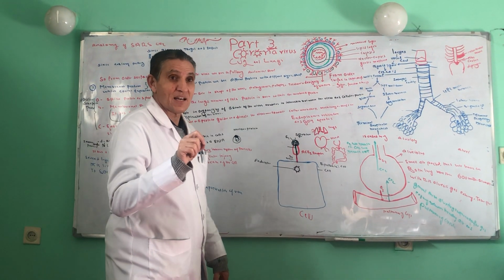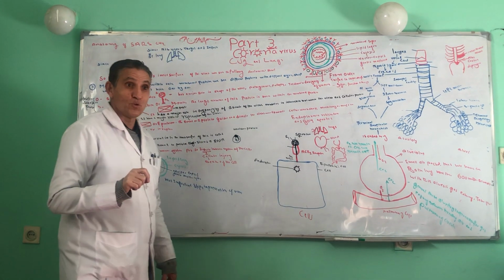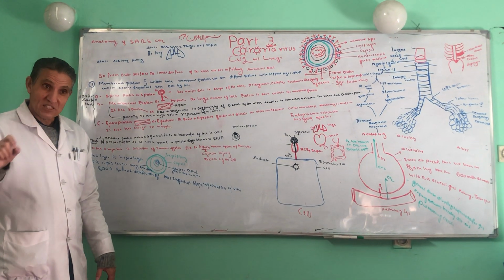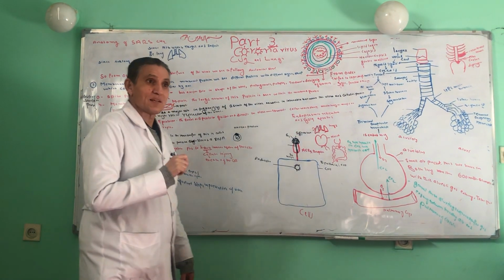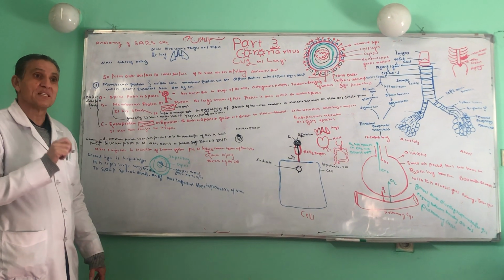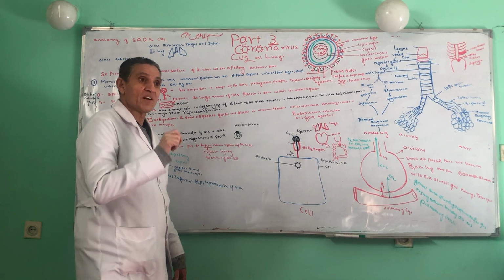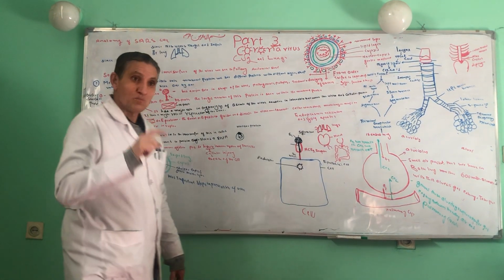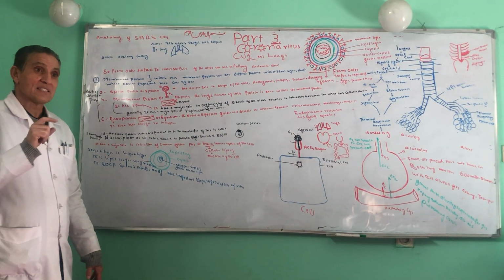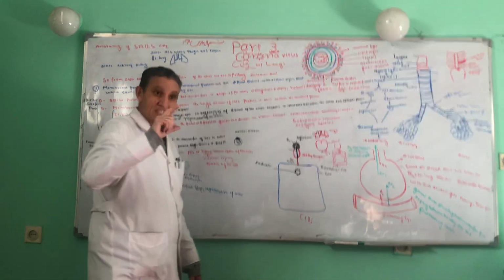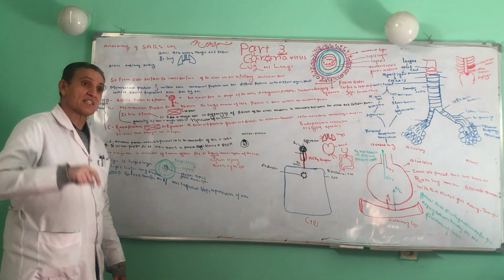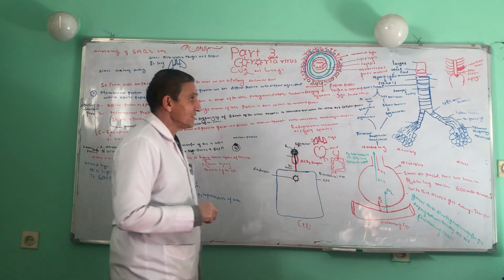So when we discuss the anatomy of CoV-2, it means we discuss the anatomy of COVID-19, because both viruses have the same gene, same nucleic acid, and same RNA.